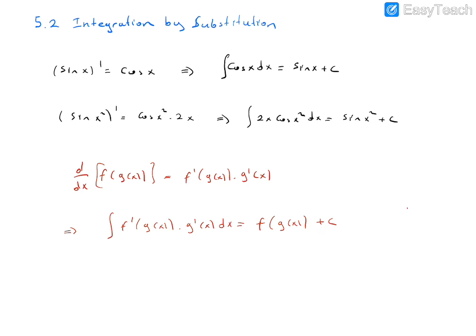So here, if we recognize an integrand as a chain rule form f prime of g of x times g prime of x, we can easily find an antiderivative, and it is the indefinite integral in the right hand side form.